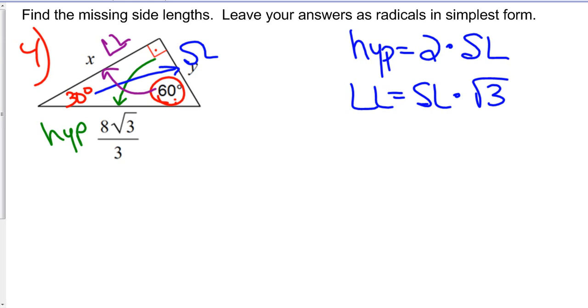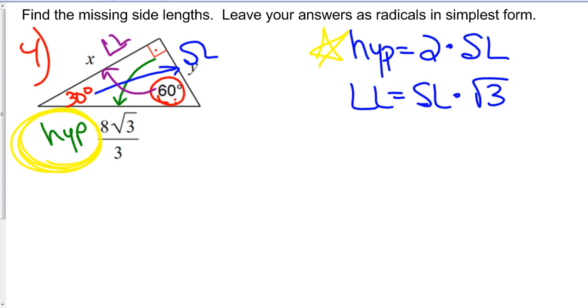I actually have my hypotenuse right here, which means I'm going to have to start with the formula that contains the hypotenuse. And remember, we want to just think of these as formulas, just like our perimeter formulas, our area formulas. We're just plugging things in to actually solve for what we need.